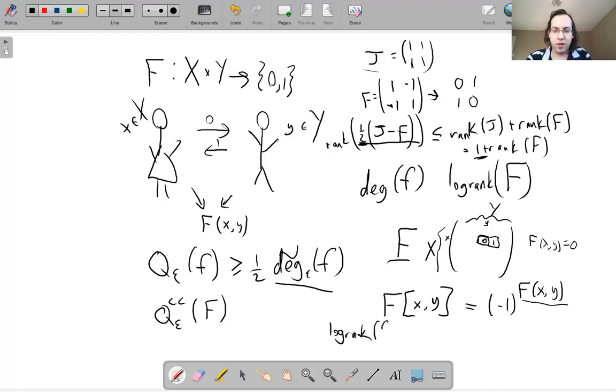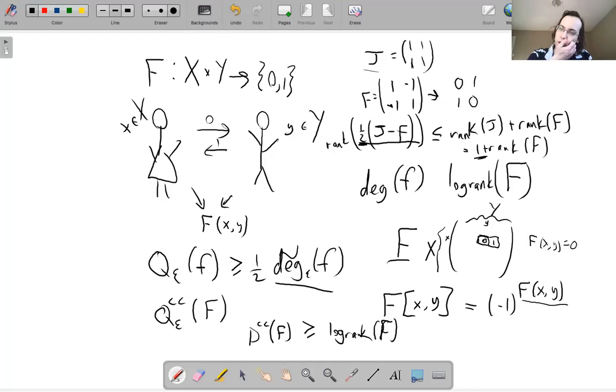And we've argued in the communication week, when we did communication complexity, that the deterministic communication complexity of F is at least the log of the rank of F.